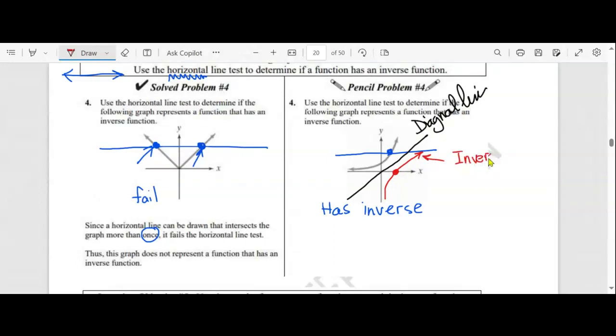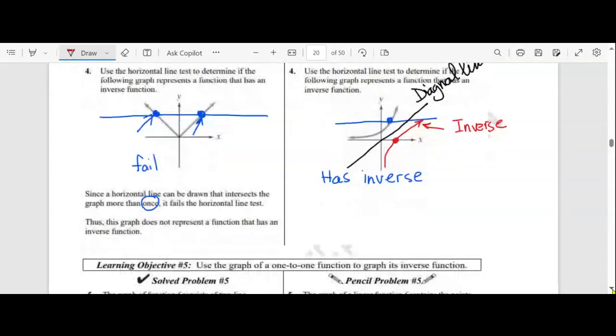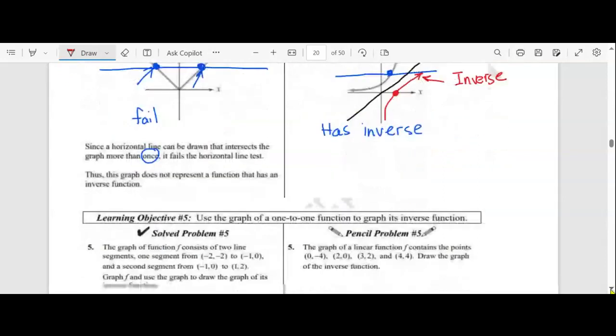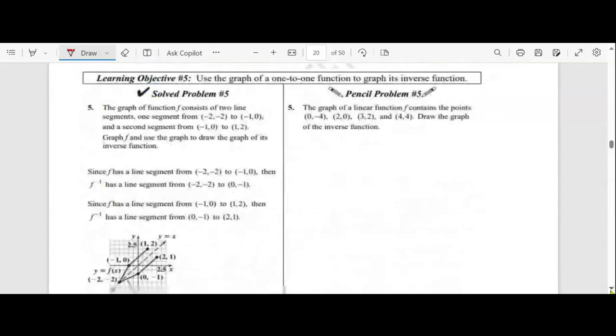Wow, that's nice. See? You see the inverse line? Yes. That's what it means. That's why this one doesn't have an inverse line, because if I make a line like this, how can you make the inverse of this? Very difficult. Okay, clear? Very difficult or impossible. It doesn't have one, it fails.